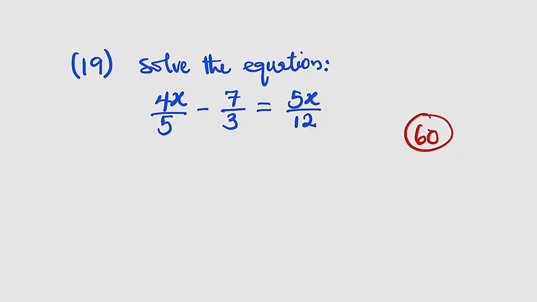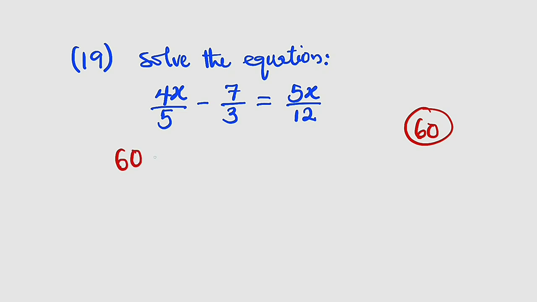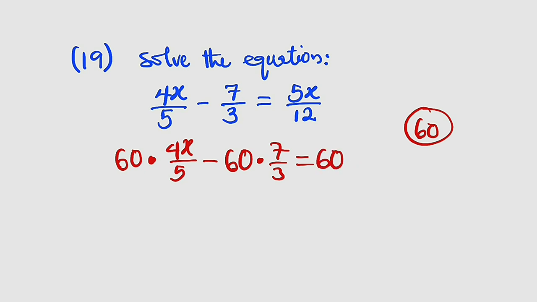So let's do that. We have 60 multiplied by 4x divided by 5 minus 60 multiplied by 7 divided by 3. This is equal to 60 multiplied by 5x divided by 12. So let's start from the left hand side. We know that 5 can divide 60 exactly 12 times. So we have 12 multiplied by 4x minus 3 can divide 60 exactly 20 times.